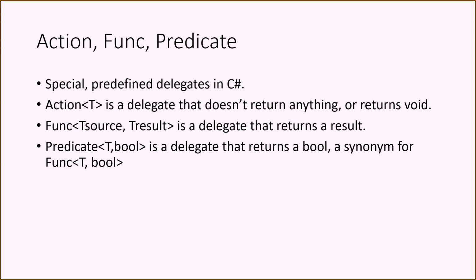Func, its shape is you hand it a source and it will return a result. The types don't have to be the same. So those generics there, T source and T result, you could hand it an integer and return a double if you wanted to, but it's a delegate that returns a result. And a Predicate is basically a special form of Func in that you hand it a source and it returns a Boolean type.